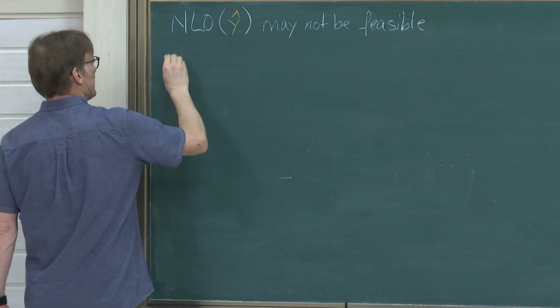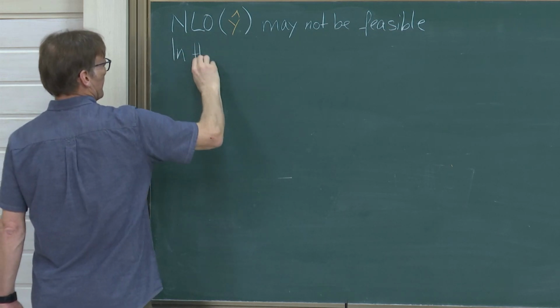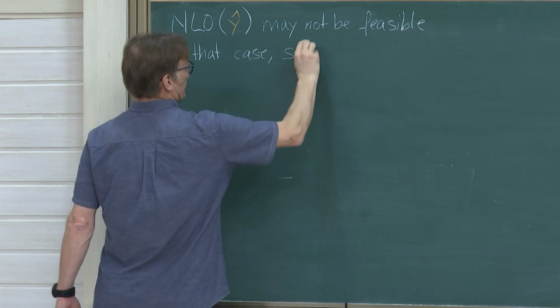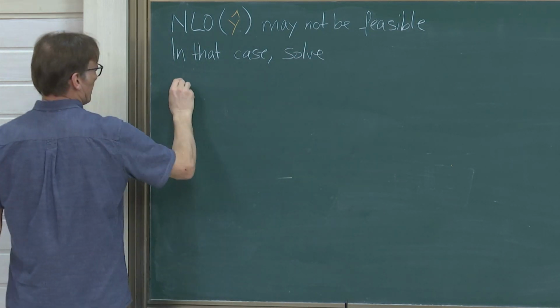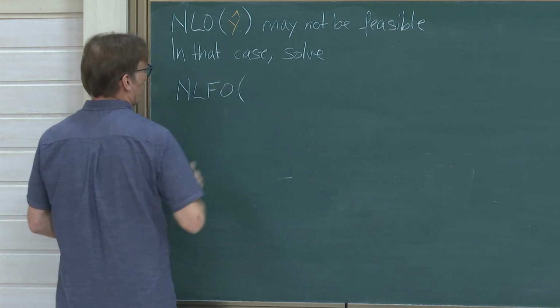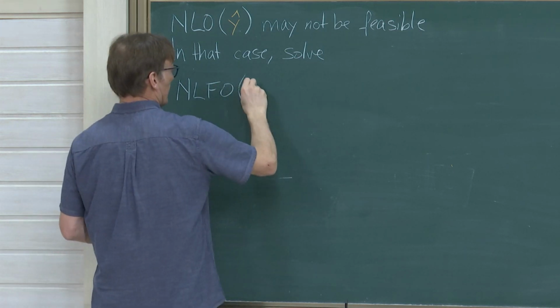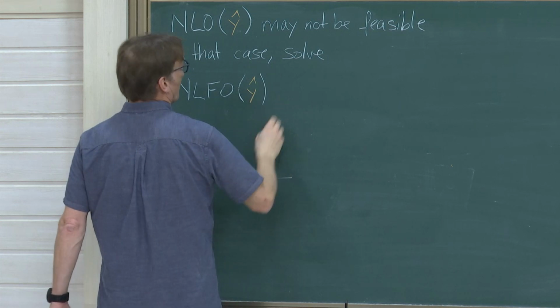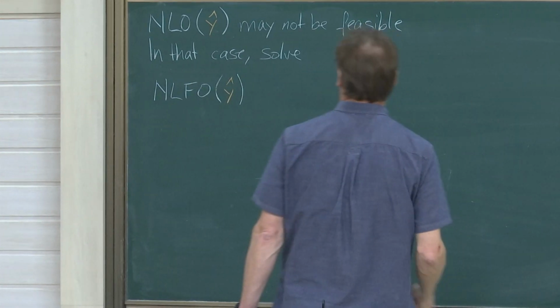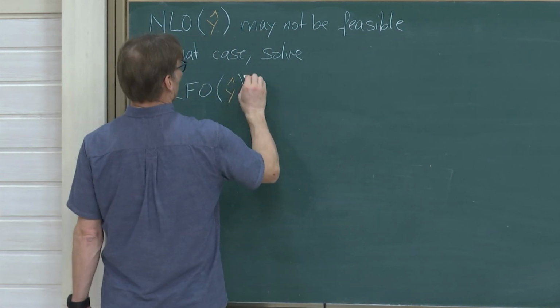And in that case, we solve a nonlinear feasibility optimization problem around y hat, which has the form, or one example of such problems, since there are a lot of different problems.